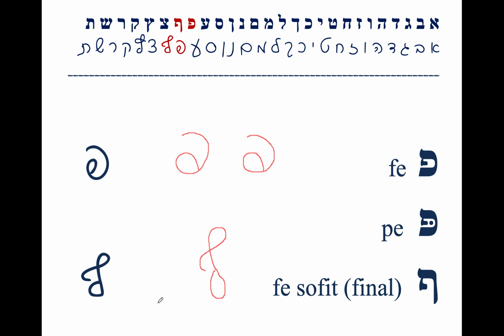And this is fe sofit. Again, you start with lamed, you start with the oval, and you go up here. You circle, go back, and you go down. Make sure you go down right here because there's another letter that goes up and which we're going to learn soon.